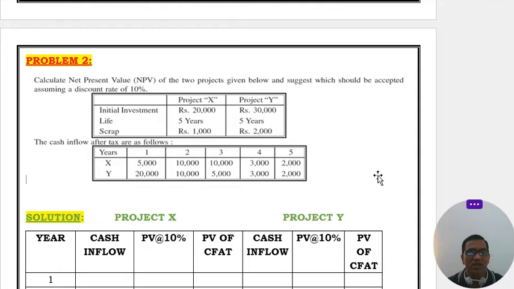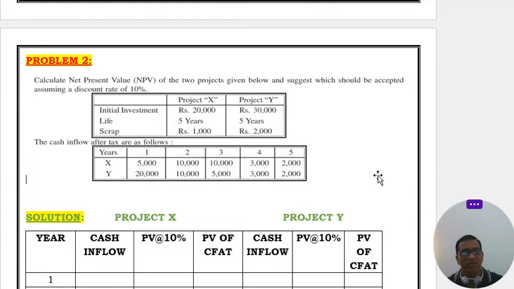Initial investment, the cost of the project, is given, 30,000. Life of the project is given, 5 years. Scrap value, residual value, salvage value at the end of the life of the project is also given, 1,000 and 2,000. The scrap value is also considered as a cash inflow at the end of the life of the project. Cash inflow after tax, so cash flows are given already for 5 years, X and Y.